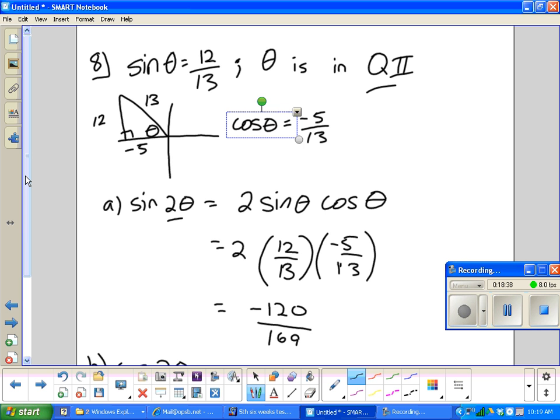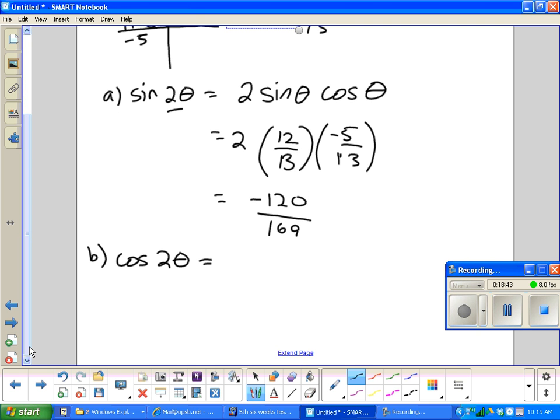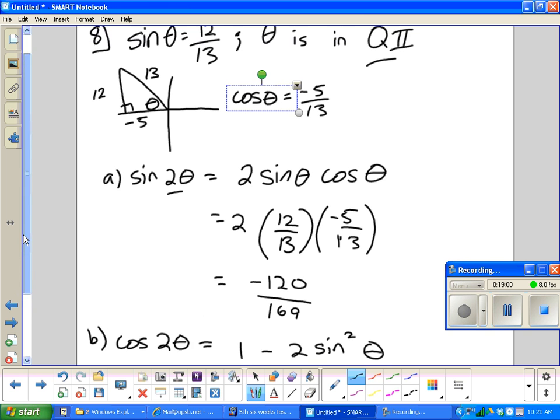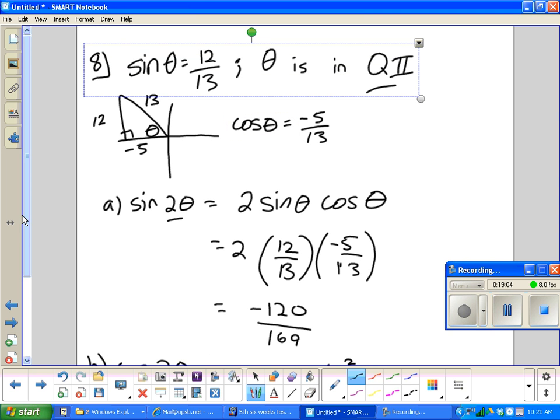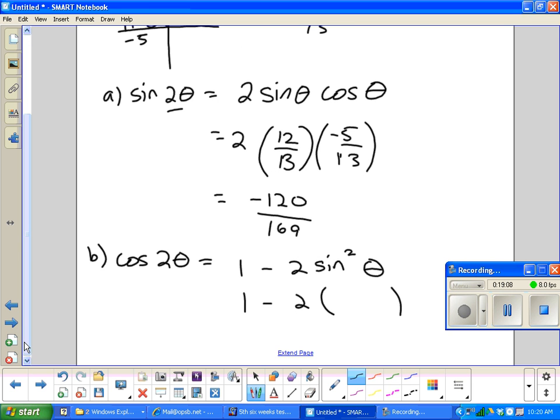I could still use any of the 3 formulas that I want to. It's just I always try to play it safe. So I'm going to use 1 minus 2 sine squared theta. Help me plug it in here. What would sine squared give me? 144 over 169.